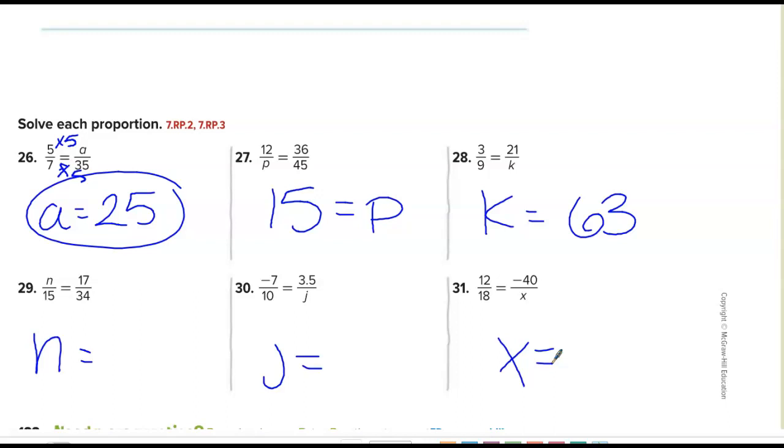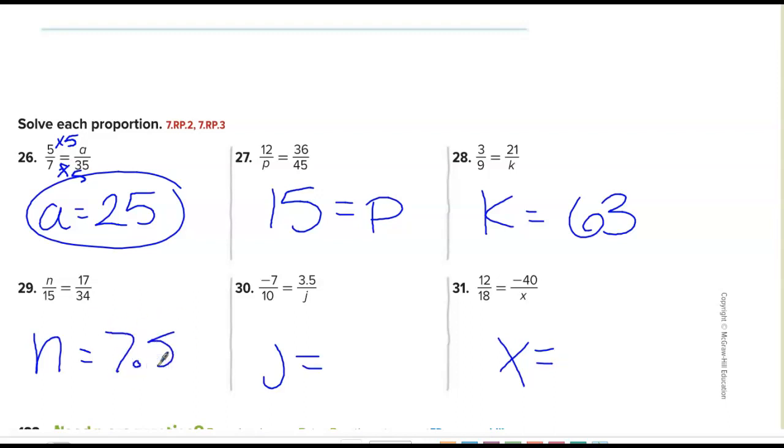What'd you get, Jack? 255, do we agree? Divided by 17. Okay, so divide that by 34. You can use a calculator on this. 7.5, so 7 and 5/10.